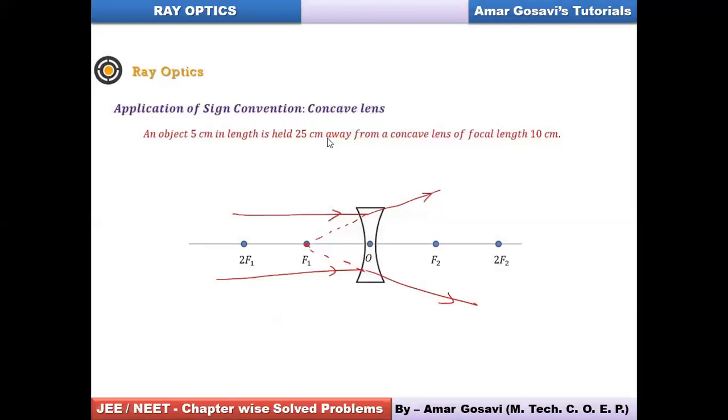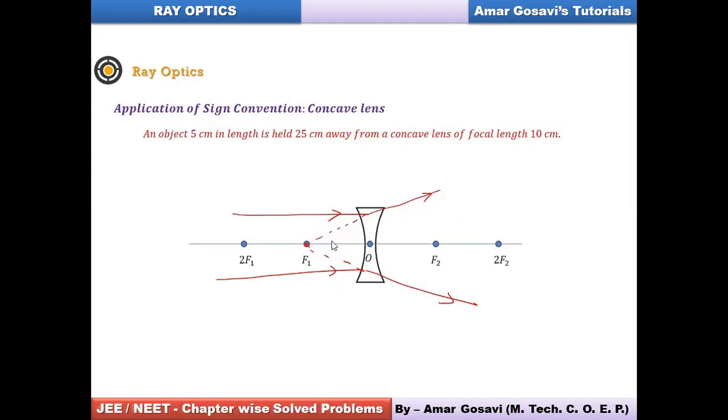Similarly, here also, for a concave lens, this is how the formulation can be. Say an object 5 centimeter in length is held 25 centimeter away from a concave lens of focal length 10 centimeter. Right. So here you can see the focal length will be on this side because it's a concave lens. You have to consider it as negative from the optical center.